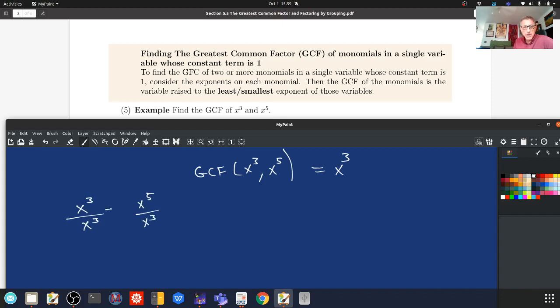X cubed divided by x cubed is 1, and x fifth divided by x cubed is equal to x squared. So in this case, a remainder 0 means a power that is greater than or equal to 0. So here I could write this as x to the 0th, because that's equal to 1, and our exponent is greater than or equal to 0. Here our exponent is greater than or equal to 2.